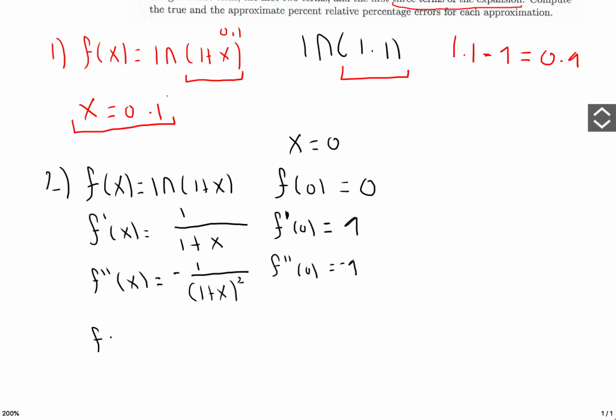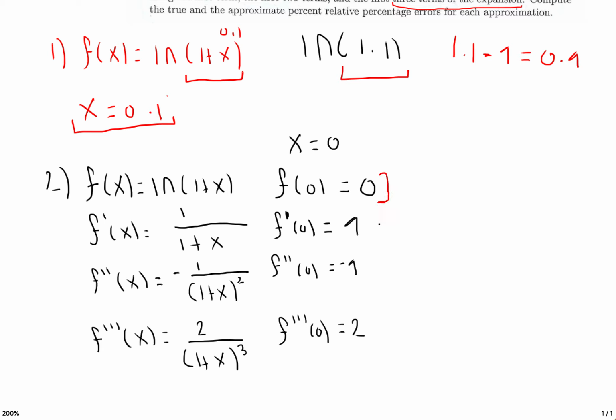And then if we do it for the third derivative, we're going to get 2 over (1 plus x) cubed. And if you evaluate the third derivative at 0, you're going to get 2. Okay, so now we have three terms that we can work with. And the reason I say 3 and not 4 is because the 0 here doesn't apply to us. We're not concerned about the 0. We have three real terms here. So these are the good terms, and this is what we're going to be using.